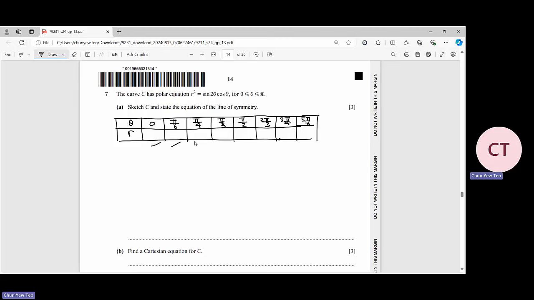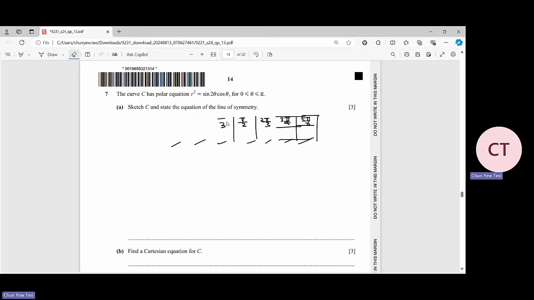So you go and find out each and every one of the values, and then after that, you plot it on the graph. To save time, I will not calculate all the values here for you. You can just try to do it yourself.